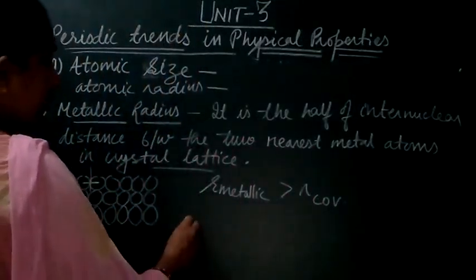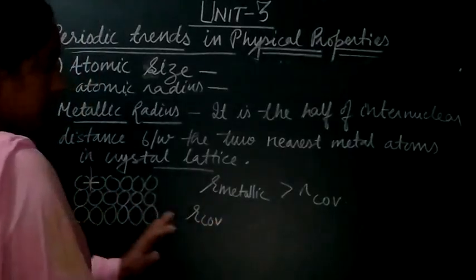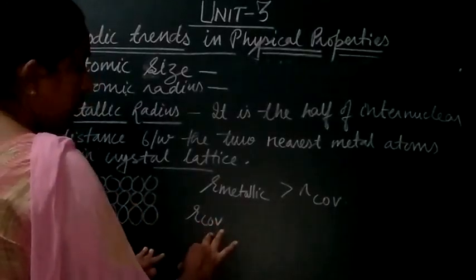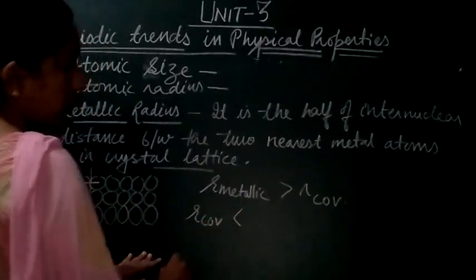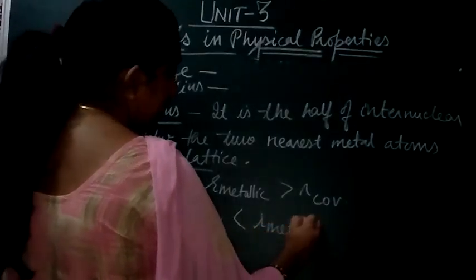So here the covalent radius, hopefully you are able to arrange the series. So the covalent radius will be shorter or shortest, then comes the metallic radius, right?